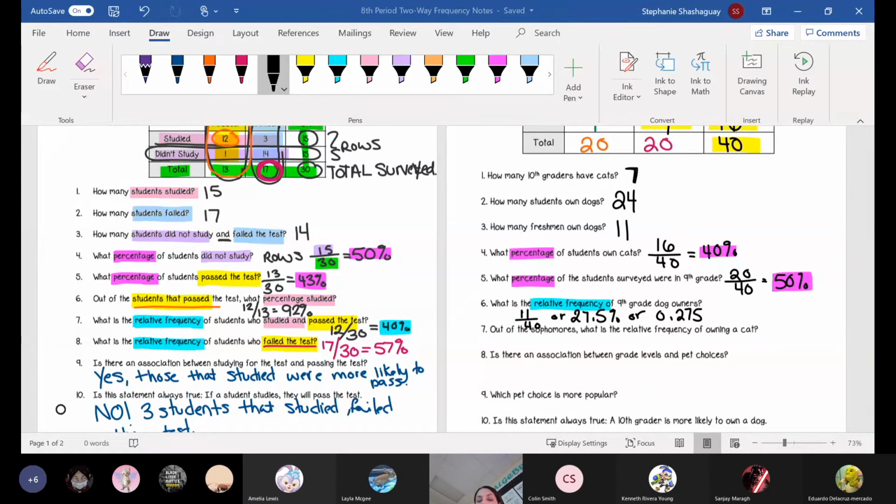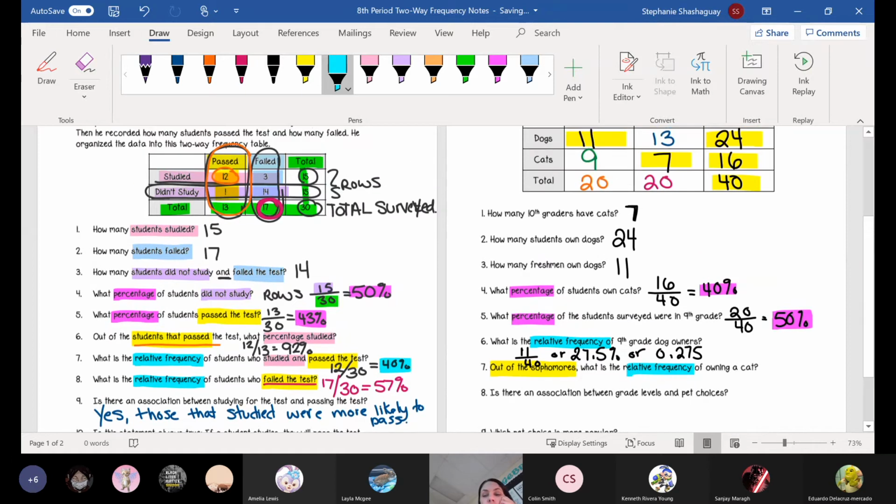Out of the sophomores, so now here's the key difference. Out of the sophomores, what is the relative frequency of owning a cat? So we're not going to compare owning a cat to the total. We're just going to be comparing it to the sophomores.